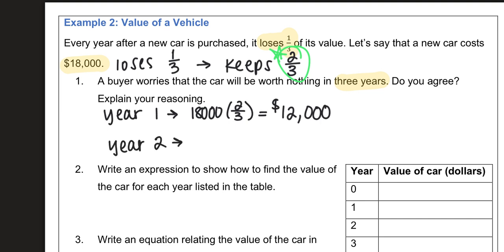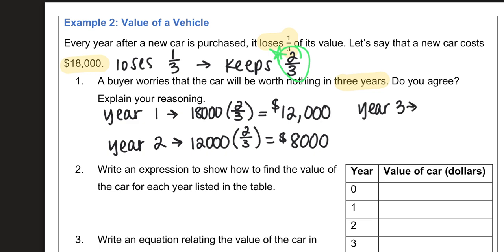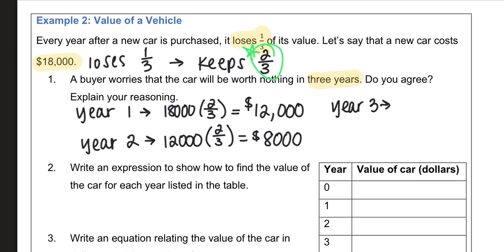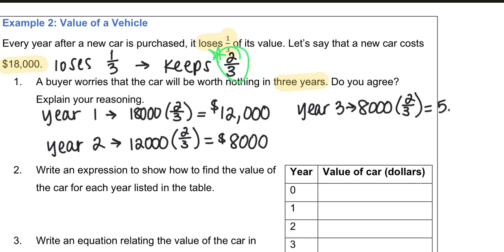Year 2, we are starting with the $12,000 that it's worth now, and it is keeping 2/3 of that value, which means it is worth $8,000. Okay. Year 3, we are starting with its value of $8,000 times the 2/3 it keeps, and it is now worth $5,333.